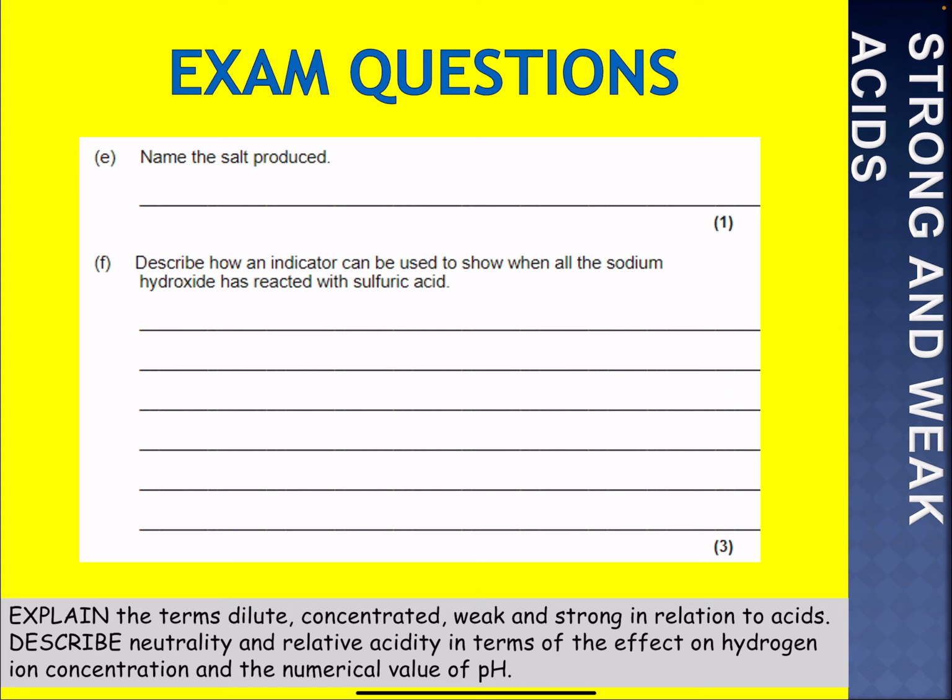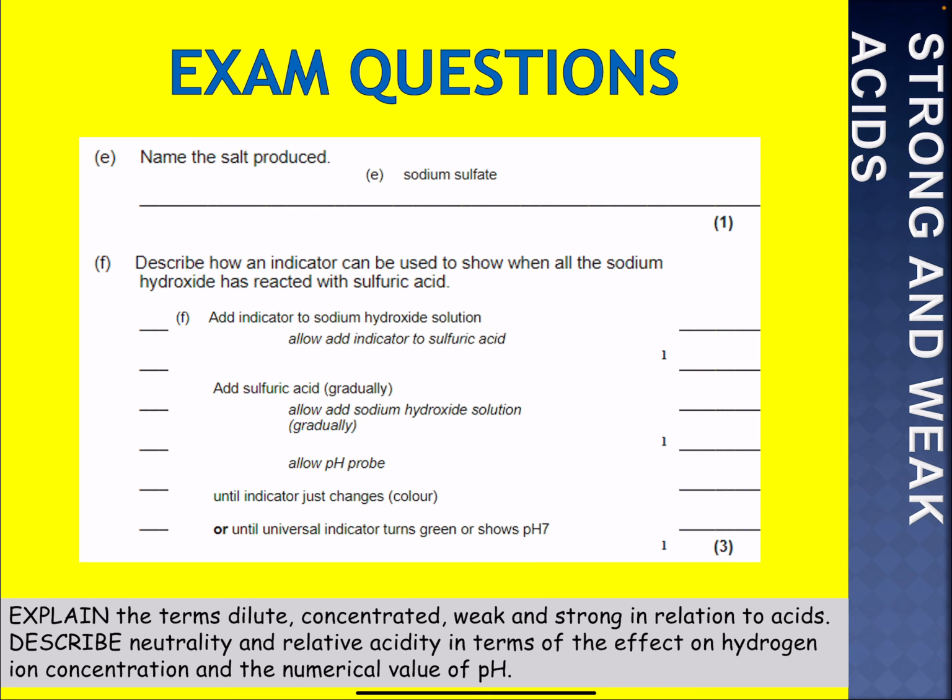Describe how an indicator can be used to show when all the sodium hydroxide has reacted with sulfuric acid. The salt was sodium sulfate, so check your answer with that.